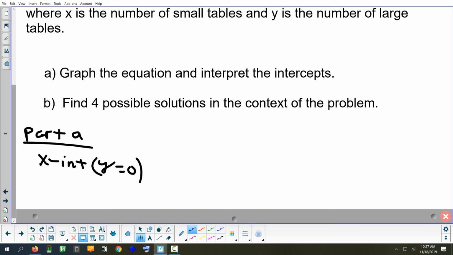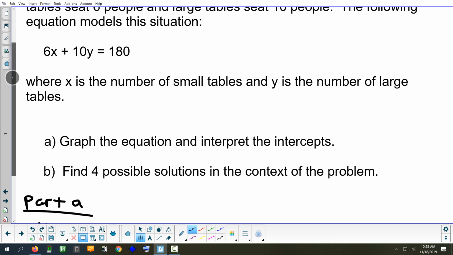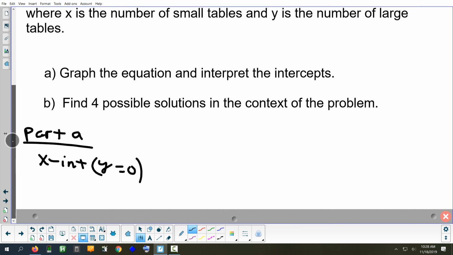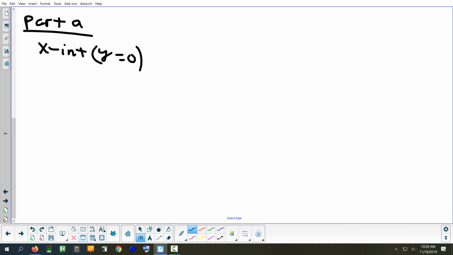Is it always a 0? Yes. Okay, so we're going to plug in 0 for y. So 6x plus 10y equals 180. 6x plus 10, now don't write y, fill in 0 for y, equals 180.